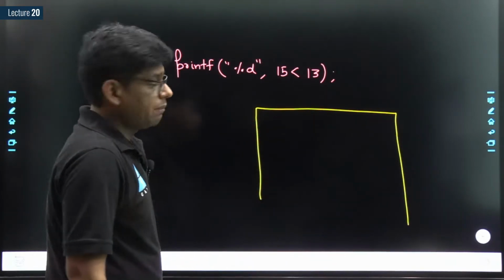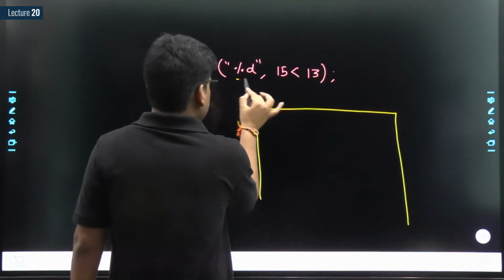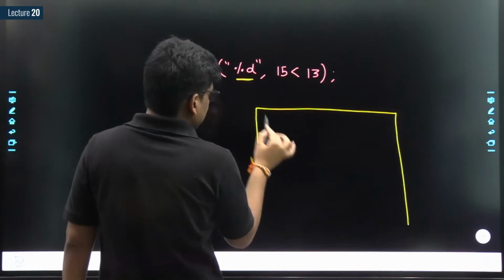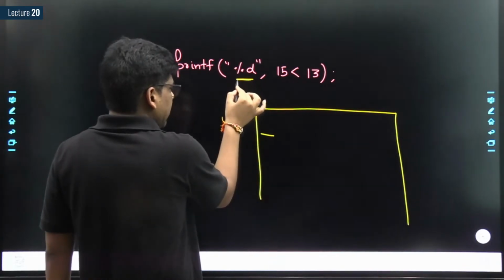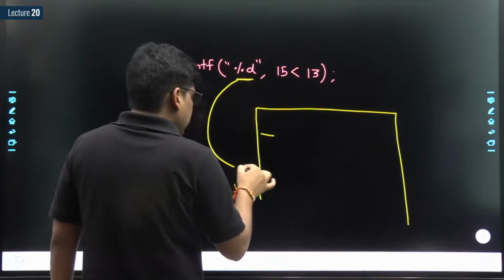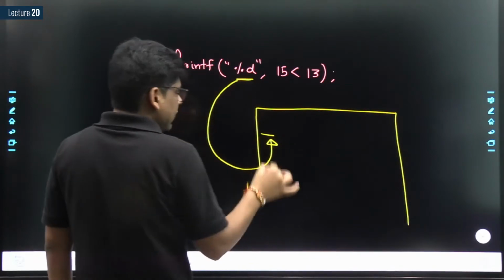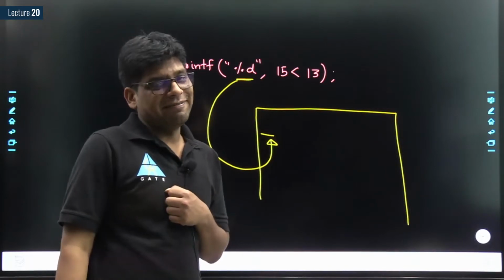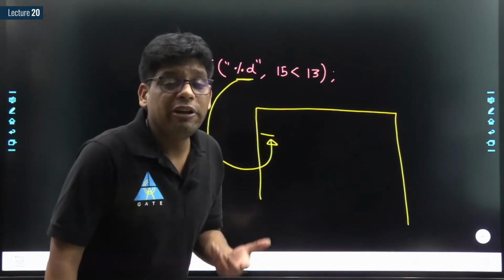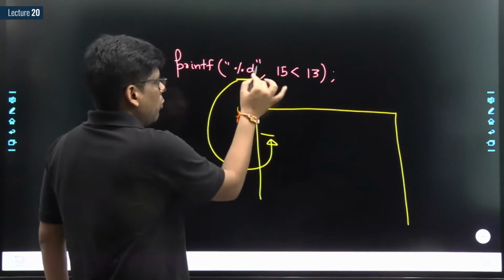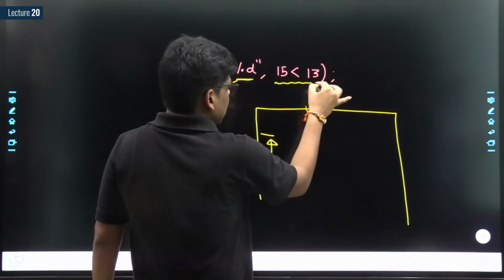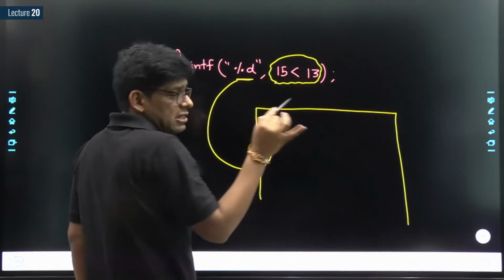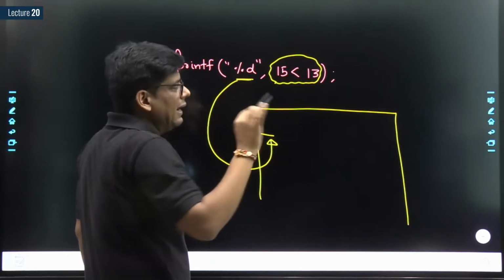Sir, printing. Okay. And what about this percentage d? By looking at percentage d, the compiler gets to know that at the current cursor position, some integer value is to be printed. But from where to pick that value? After the comma. That means we need to evaluate this, that is, the compiler needs to evaluate this.